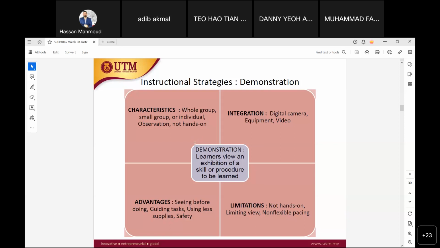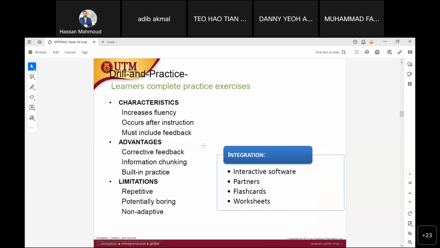All right, so far we have the presentation and we have the demonstration. Now we have something called drill and practice, where the learners complete practice exercises. We give them real exercises to do, right?